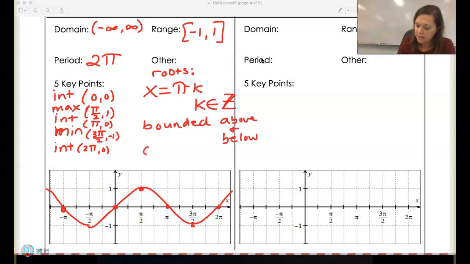It's definitely continuous. Do we have symmetry? Yeah, I would say it's not symmetric to the origin because of the going down. All right, sine. Let's go over to cosine.